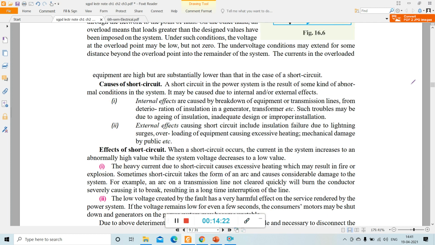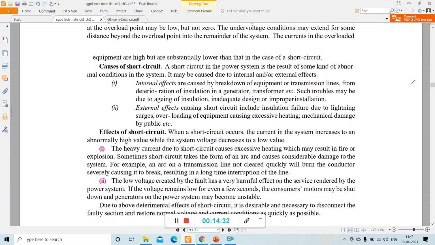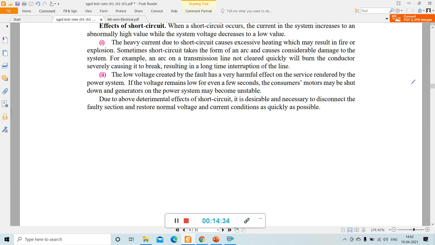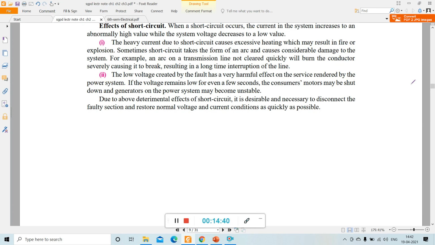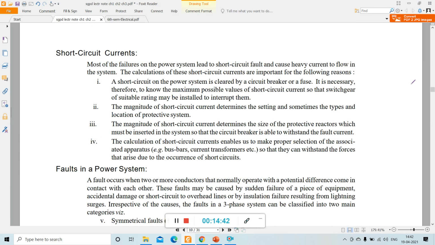These are the causes of short circuit. Short circuits happen due to some internal effects and some external effects. The effects of short circuit means, after a short circuit happens, what effect it has on the system. The next one is the short circuit current.